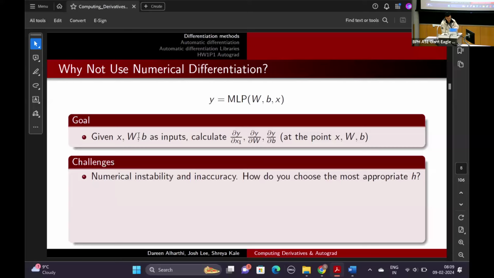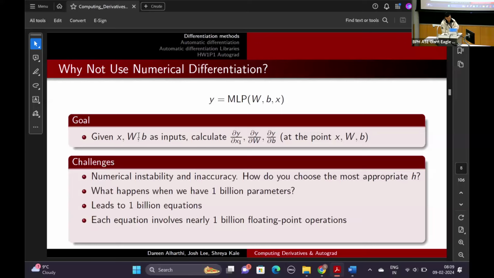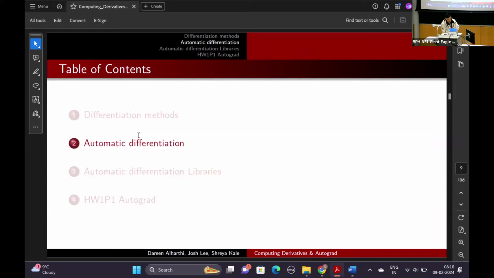This is called numerical instability, in which the varying orders of magnitude of the input and the parameters make you unable to select an appropriate step variable for adding to them or multiplying with them. All right. So this is the whole story of these two differentiation methods, and why we don't use them.